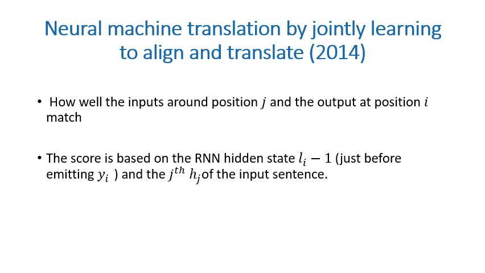When you want to predict position I in your output, you have to look at all positions J of your input, and you compute the similarity of the hidden state of the decoder for predicting I with all of the hidden states of your encoder.